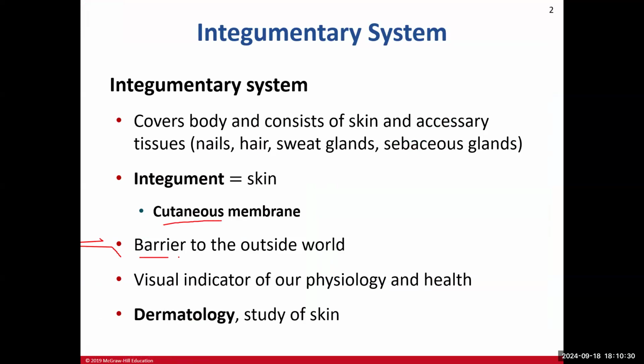Why? Because it forms a barrier. So we have some sensitive tissues that are found underneath our skin and inside of our skin. And so we want to protect those. So the skin forms a pretty effective barrier, giving us what we call innate immunity.